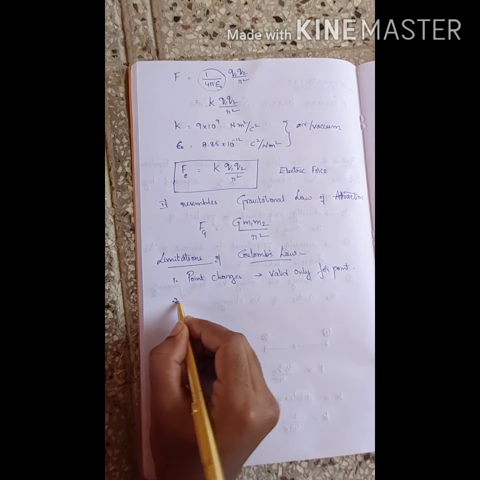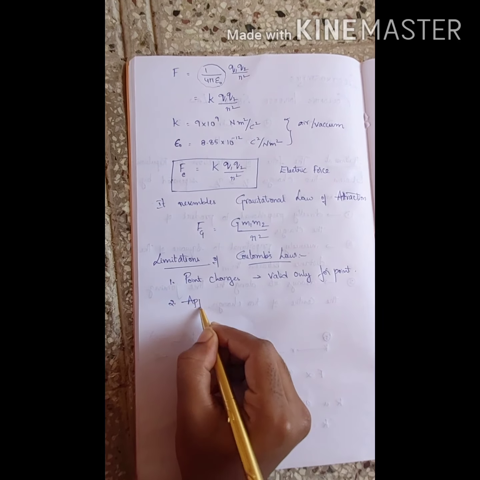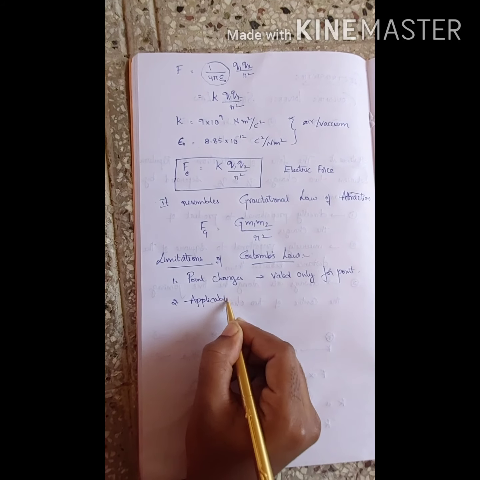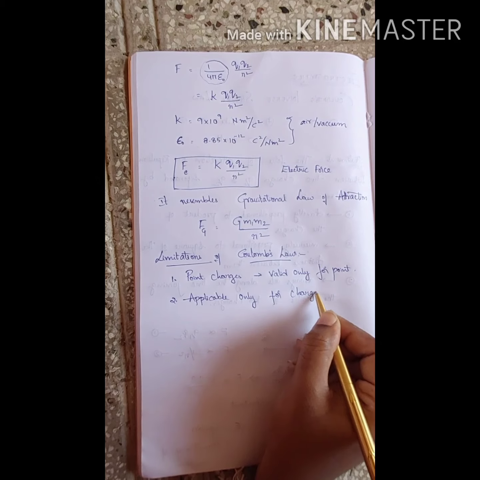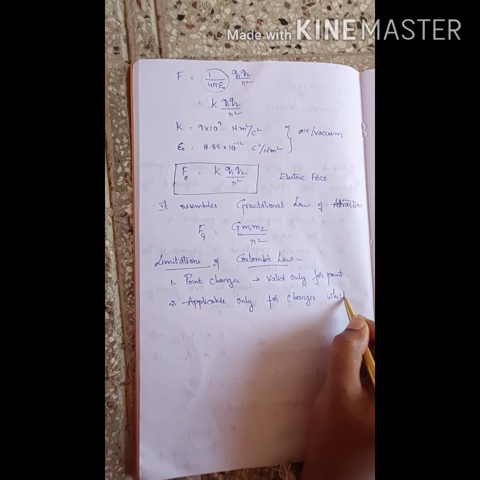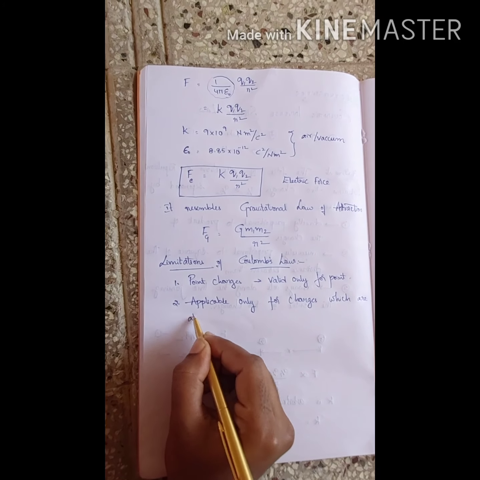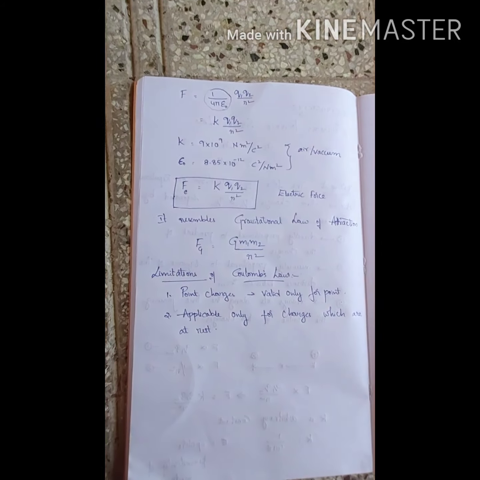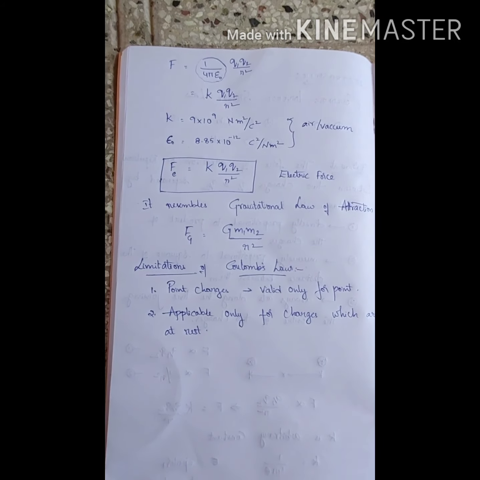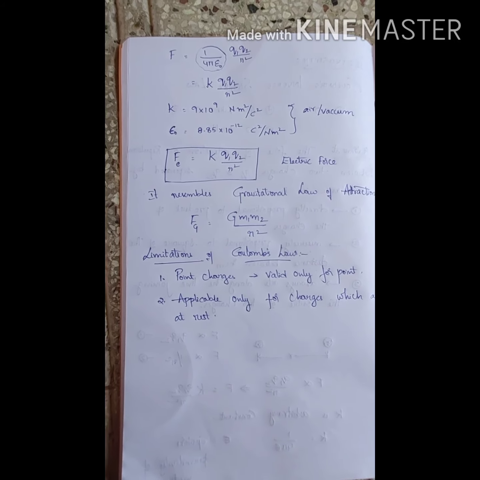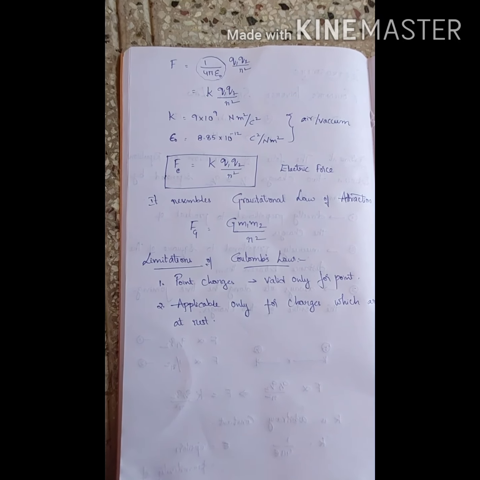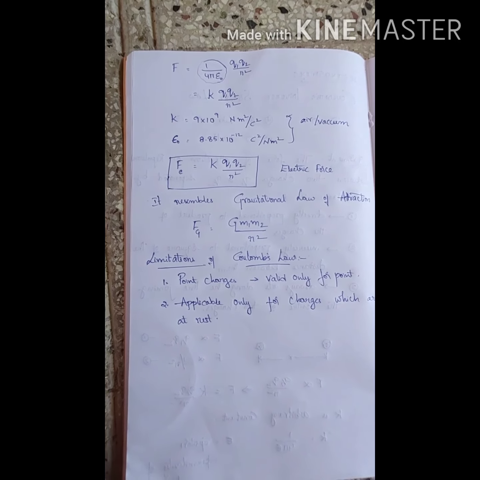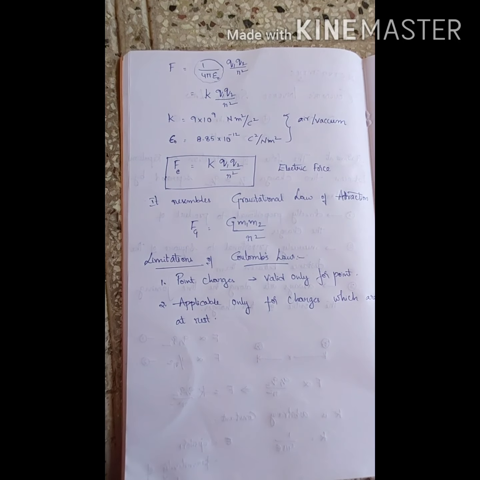And the second one is that it is applicable only for charges which are at rest. As I've already told, Coulomb's law is very important in electrostatics. Electrostatics is nothing but the study of the fields or forces of stationary charges, and stationary charges are charges which are at rest.